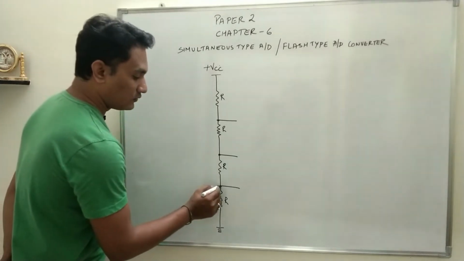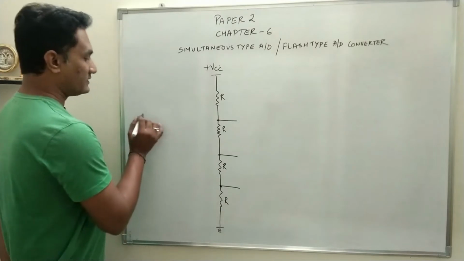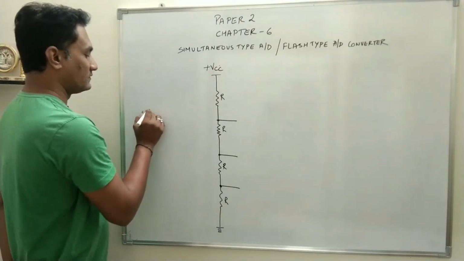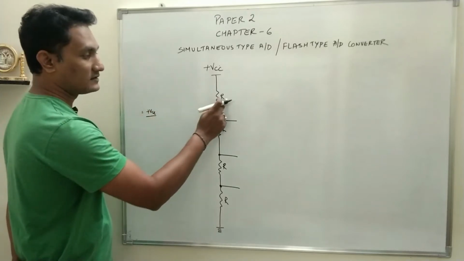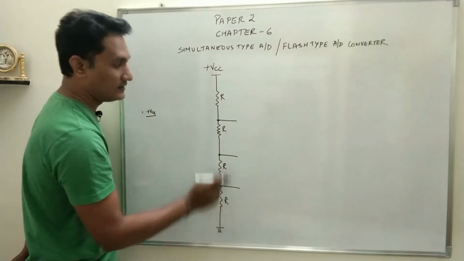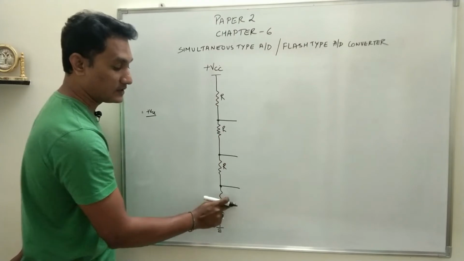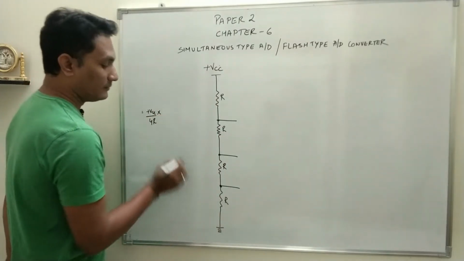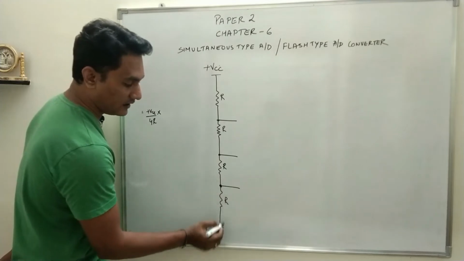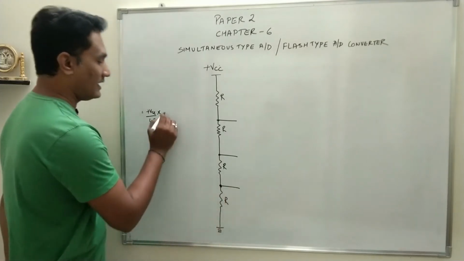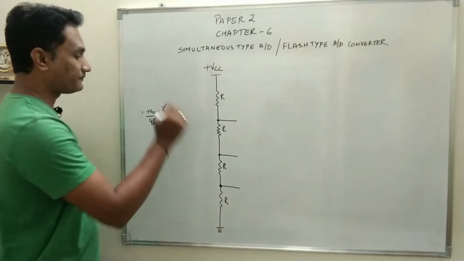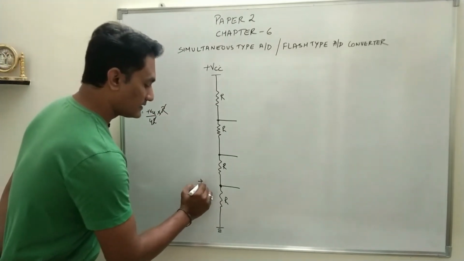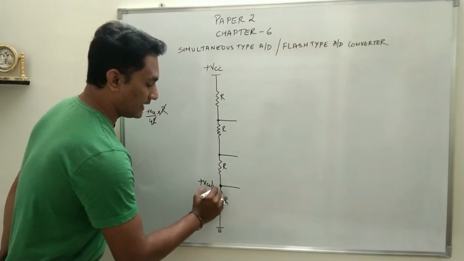So if you want to calculate the voltage at this point, what is the total voltage? Plus VCC. What is the total resistance? 4 resistances connected in series, so R plus R plus R plus R. So the value will be VCC by 4R multiplied by, between this point and ground, the value of resistance is R. So R gets cancelled, the value will be plus VCC by 4.